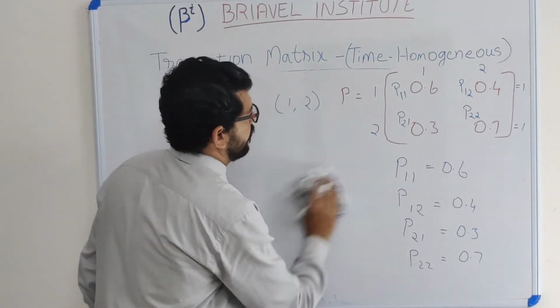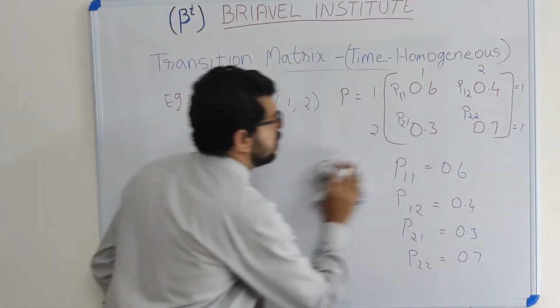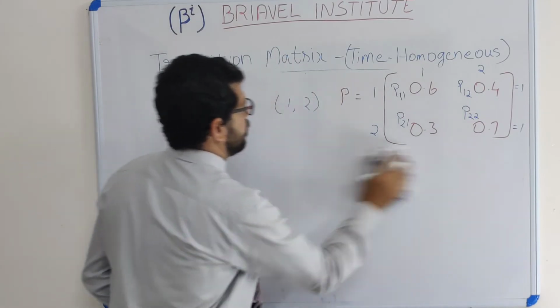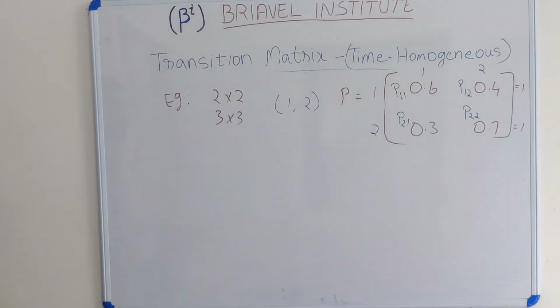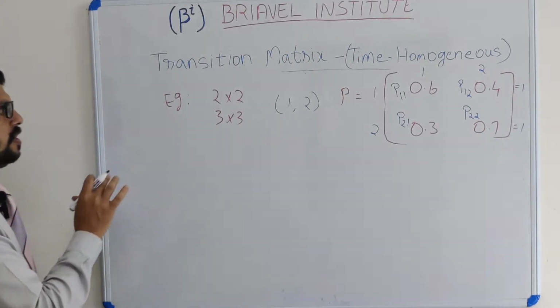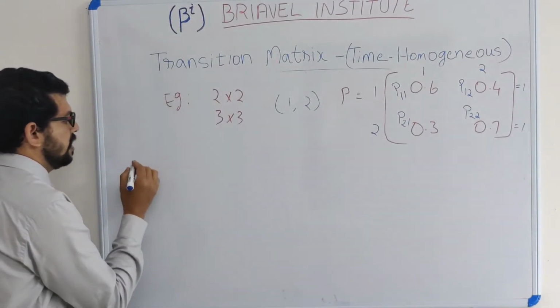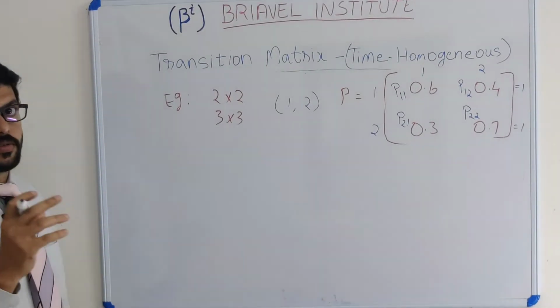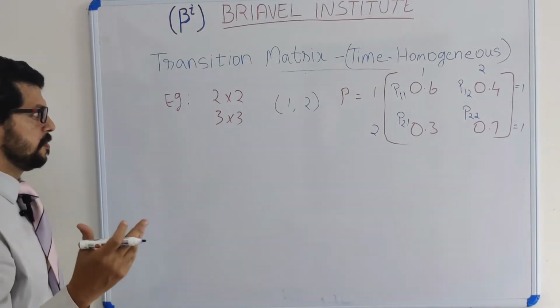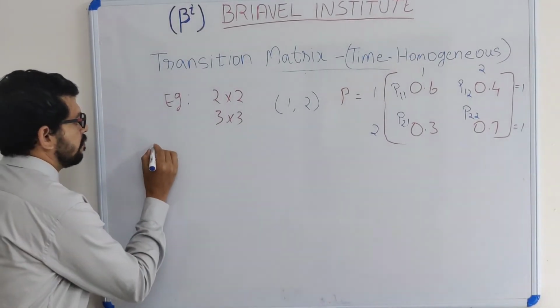Next point, how to write the matrix multiplication. We already learned matrix multiplication in our graduation classes, but we are just showing how to multiply the matrix. Here they will ask one-step probabilities, two-step probabilities, like that. So how to represent this?